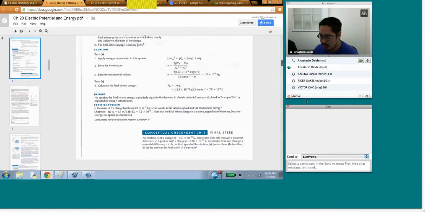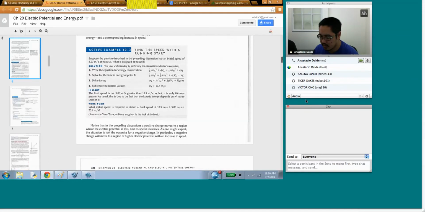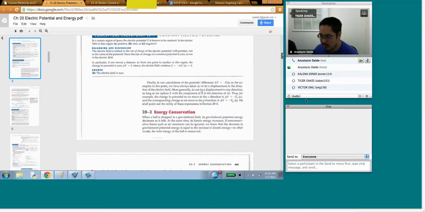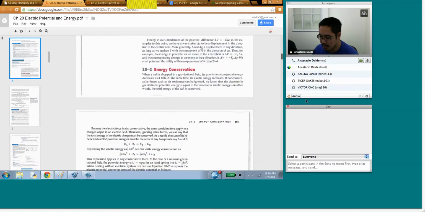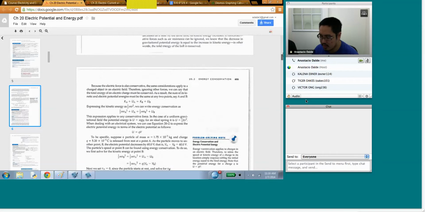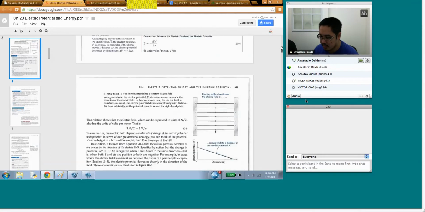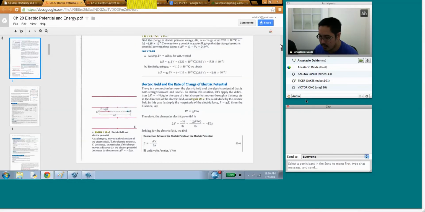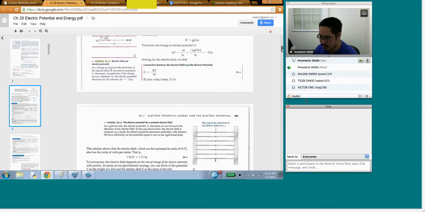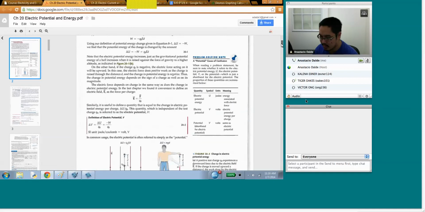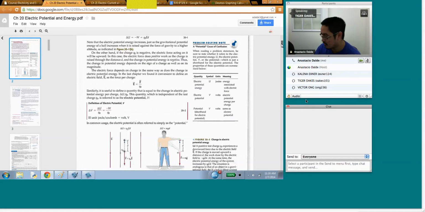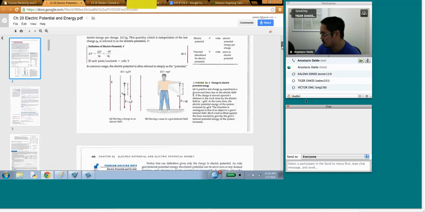So what's V equals J over C? V equals J over C is the energy conservation. The electric field is the voltage divided by the delta s, which is the distance, or W over Q. Oh, joules per coulomb.